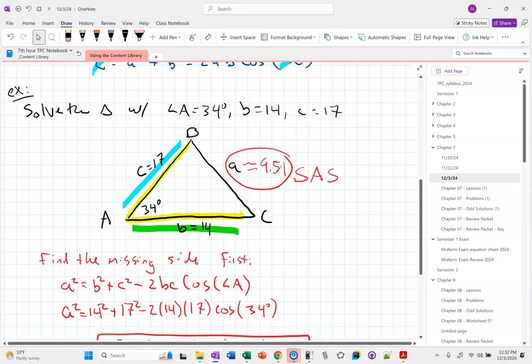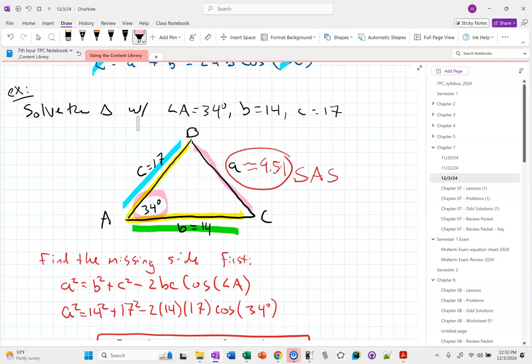So we are using side A, angle A, and side B. What type of situation is that? That's the SSA situation, right? What can happen in the SSA situation? You can get the ambiguous case, right? You can get that 0, 1, or 2 triangle thing happening.